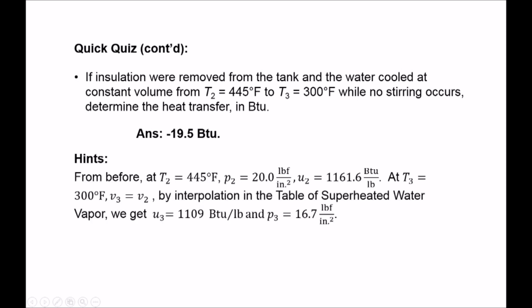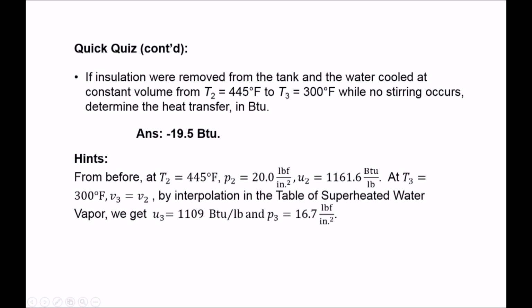If you had difficulties getting this answer, here are a few hints on how to proceed. From earlier analysis at T sub 2 equals 445 degrees Fahrenheit and P sub 2 equals 20 pounds force per square inch, we got small u sub 2 equals 1,161.6 BTU per pound.